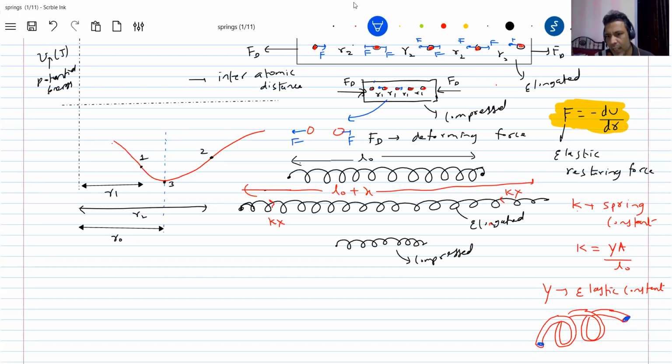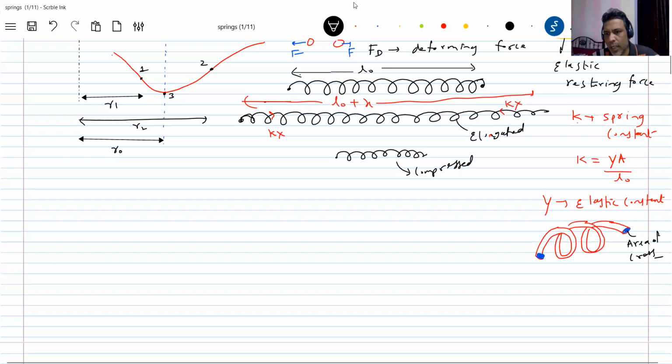That of the wire which is used to make the spring.